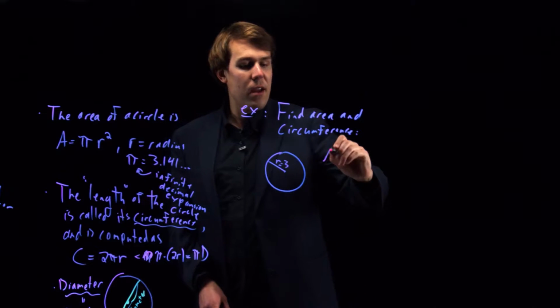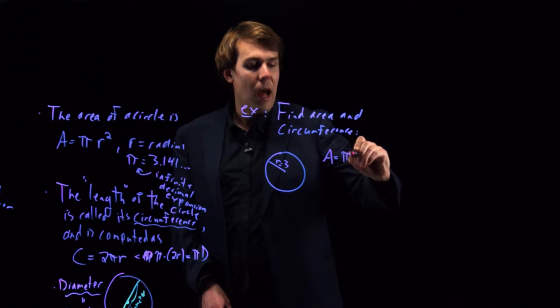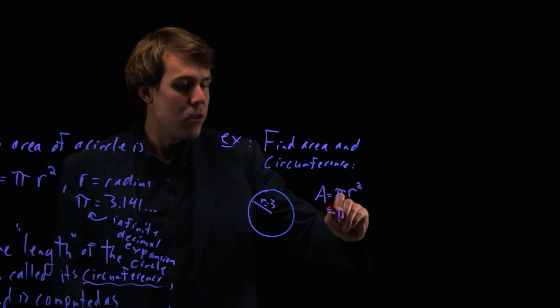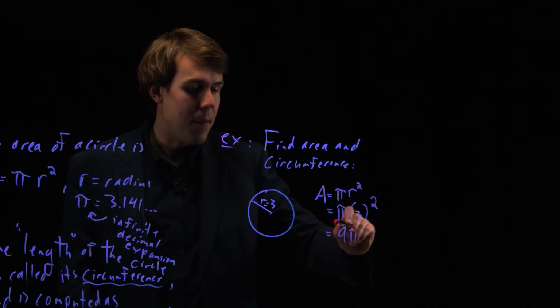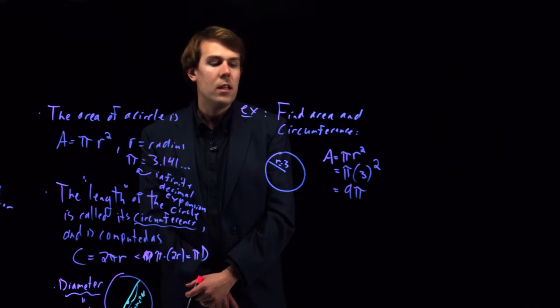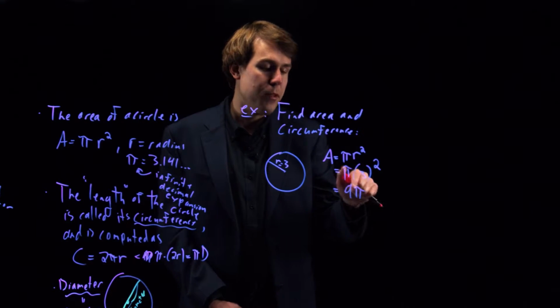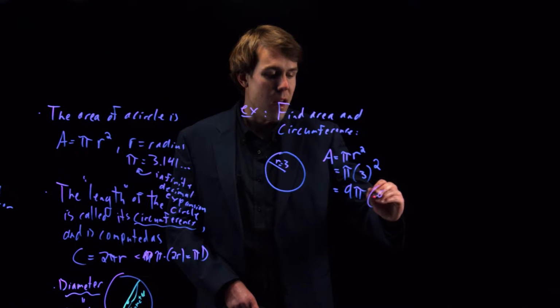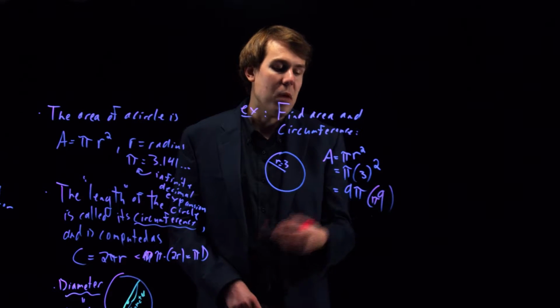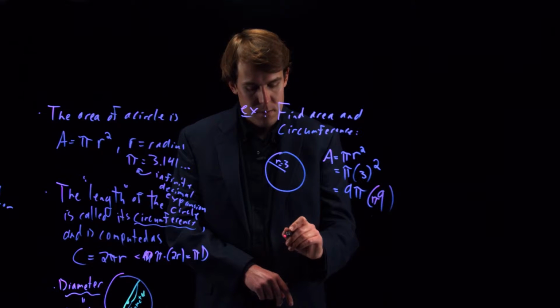Then I know that the area of this circle is pi r squared, so pi times 3 squared, which is 9 pi. Typically, once you have a number, you'd like to put the number in front of the pi, since it looks a little bit aesthetically better than pi times 9, but that's just conventional tastes.